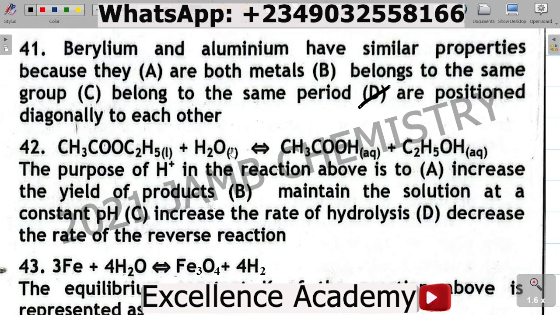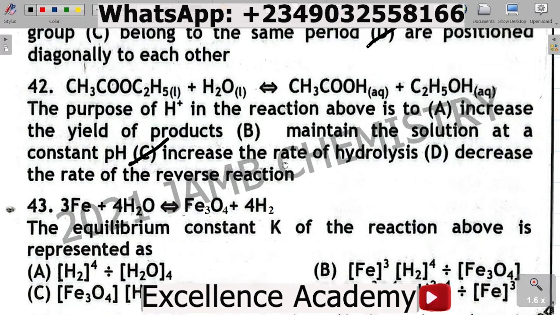For this hydrolysis, you need hydrogen ion to make the reaction occur faster, which means hydrogen ion acts as a catalyst to increase the rate of the hydrolysis. Don't forget that a catalyst increases the rate of a reaction by lowering the energy barrier or the activation energy. So considering the options here, the correct answer is C, to increase the rate of the hydrolysis of the ester. So that's the correct answer, C.